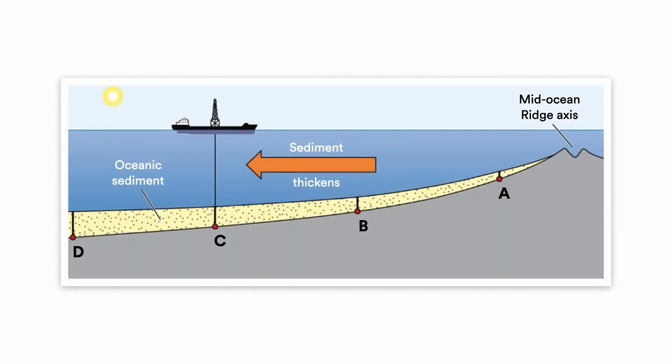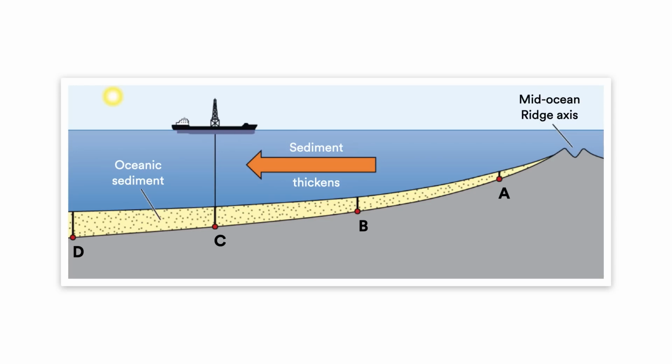Now, sediment refers to sand and clay and other bits of rock and organic matter that settles on the bottom of the ocean. Similar to the idea that young rock should be found near the mid-ocean ridge and old rock should be found further away, scientists believe that sediments should become thicker in their layers as you get further from the ridges, which makes sense because older rock would have had more time to accumulate sediment, as you can see in this diagram.